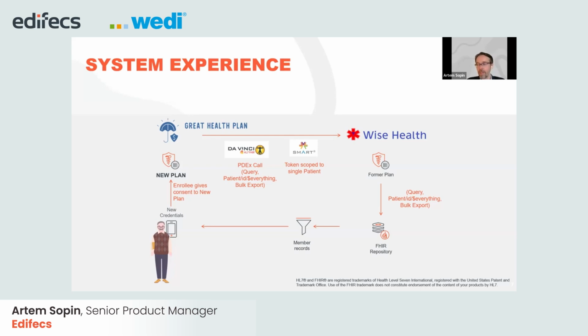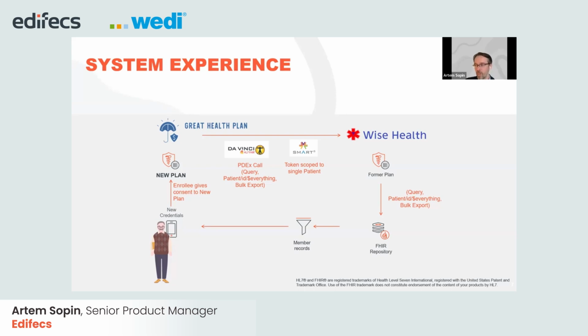At this time, there are still three options: a query, an $everything operation, and bulk export. We think that bulk export will be the better fit, especially when we go in the direction of exporting data for multiple members. In that case, the alternative approach with queries and $everything will not be a good fit for this operation. But as of now, there are still three options.